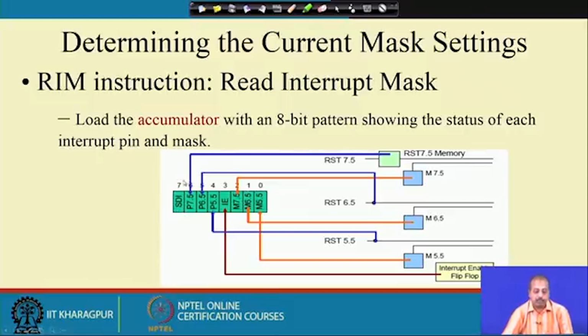Bit number 7 is reserved for serial data input. So, the RIM instruction is also used for serial data input, whereas SIM was used for serial data output. If we are not using that, then that bit has to be discarded, but the rest of the bits give us the current interrupt mask setting in the processor. This will be useful if you want to change the mask setting slightly without disturbing the others.